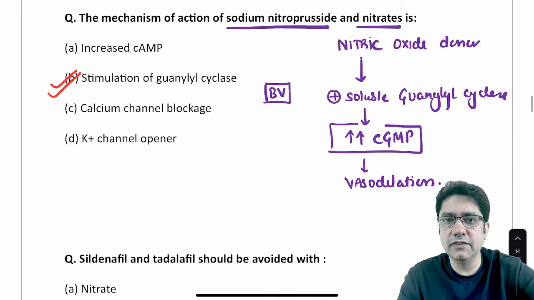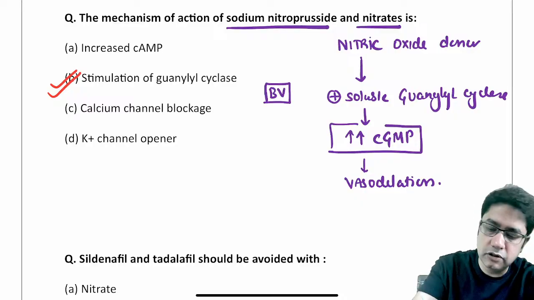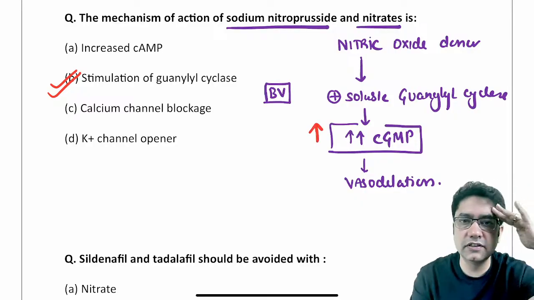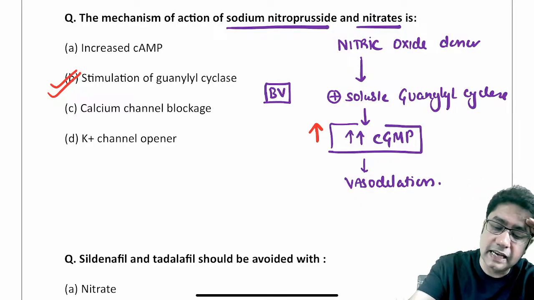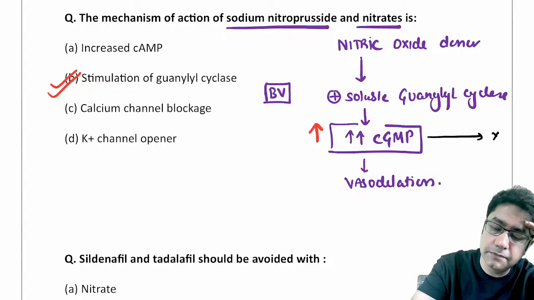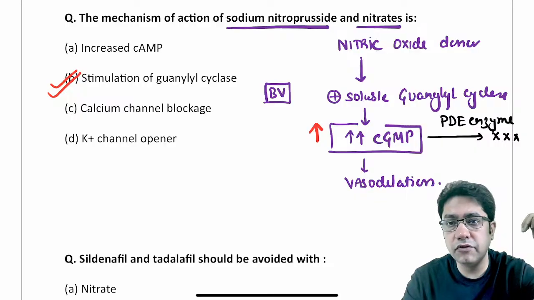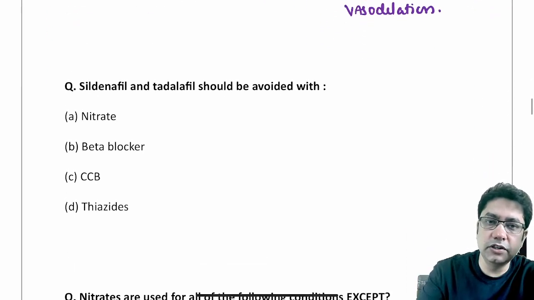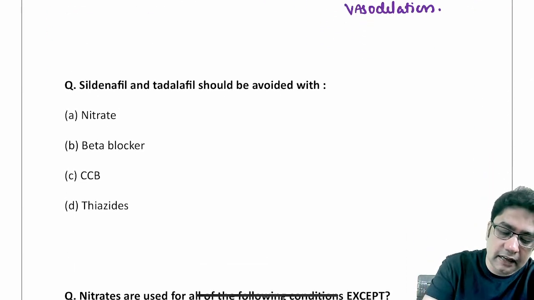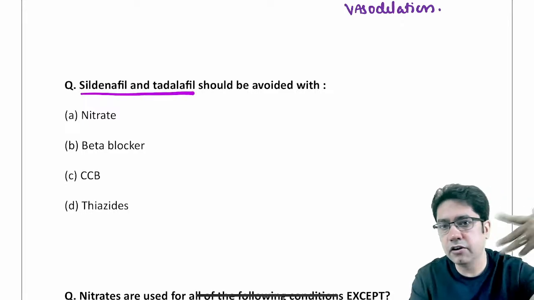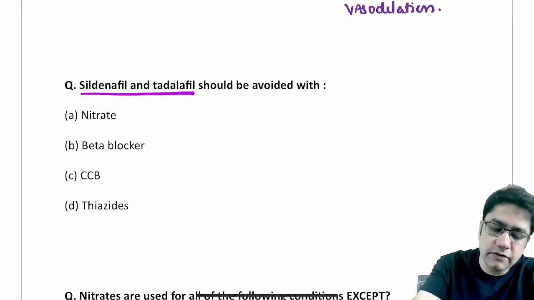Now, the next question is very important. Both these drugs are increasing the production of cyclic GMP. Cyclic GMP after some time becomes degraded by phosphodiesterase enzyme. Which enzyme degrades cyclic GMP? Phosphodiesterase. So there is a question: we have drugs sildenafil and tadalafil, which are the drugs of choice for impotence or erectile dysfunction.